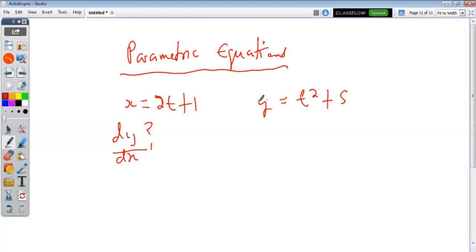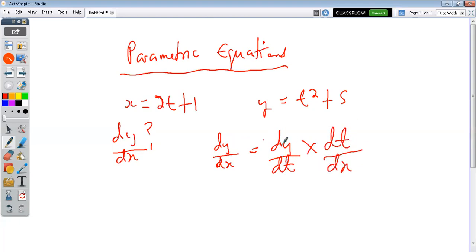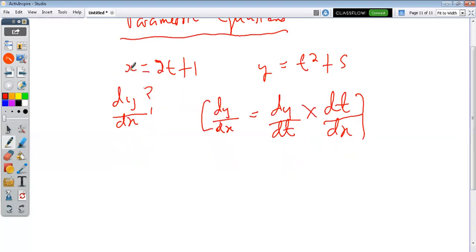So to do this here, dy over dx, because y is on top, is equal to dy over dt multiplied by dt over dx. That's in general like this. So we go back to this here and we find dx over dt. Differentiate that, you get 2.